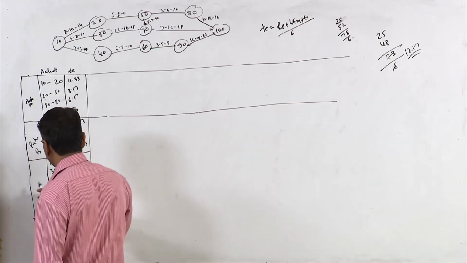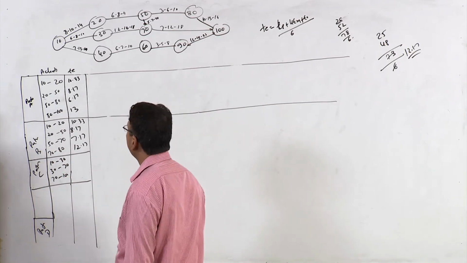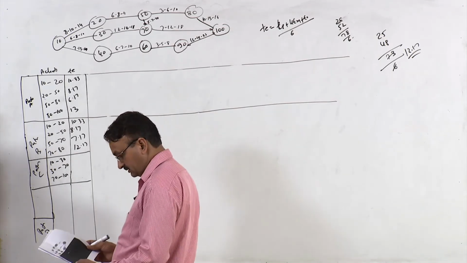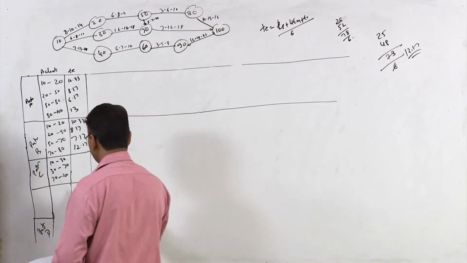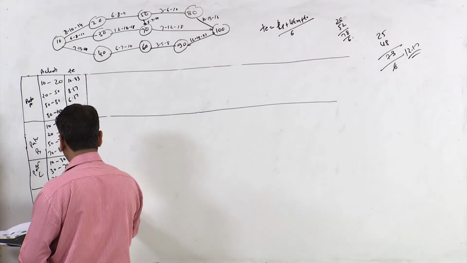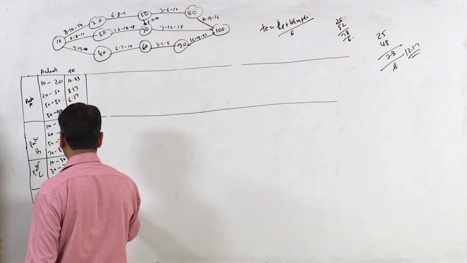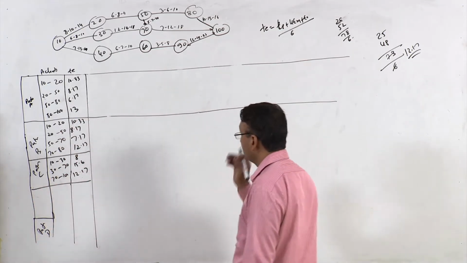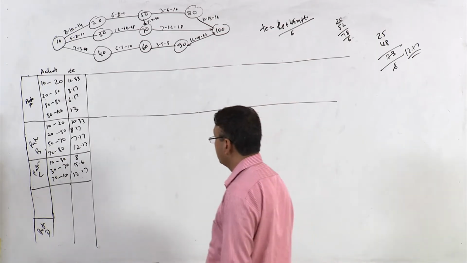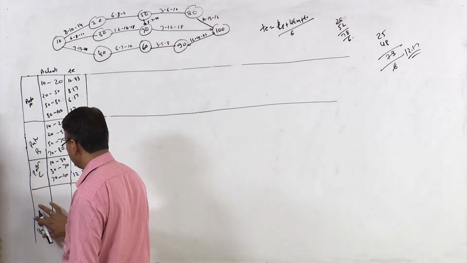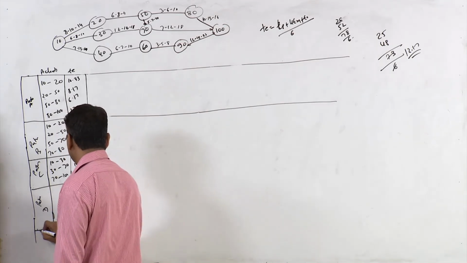So this is path C, and the values are 8, 15.6, 12.17, right. You can check any one of them. Similarly, do the similar calculation for path D also, right.